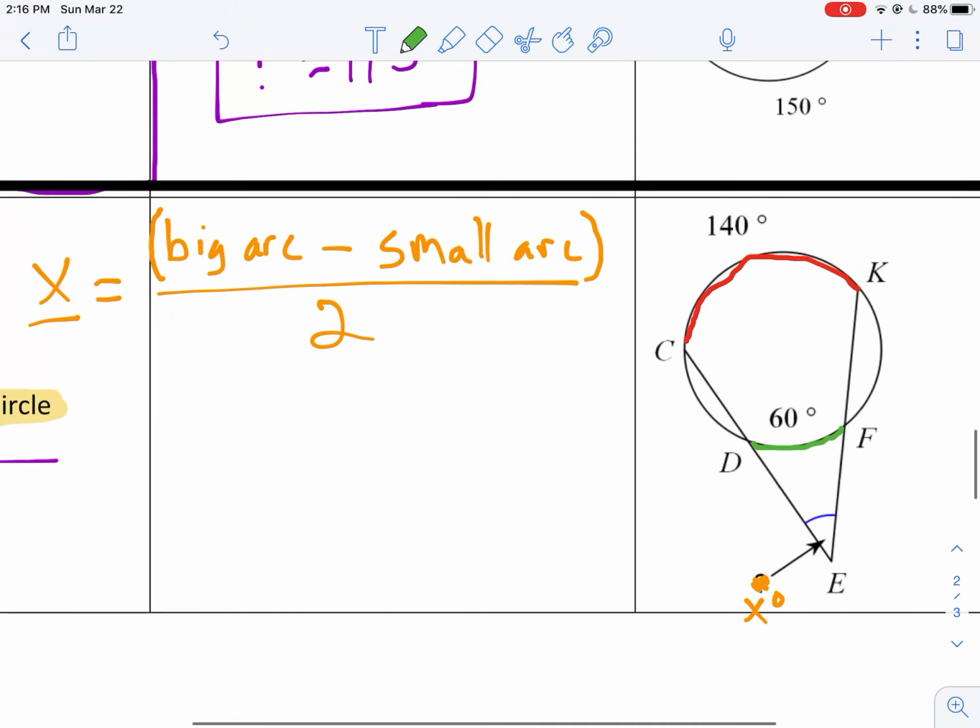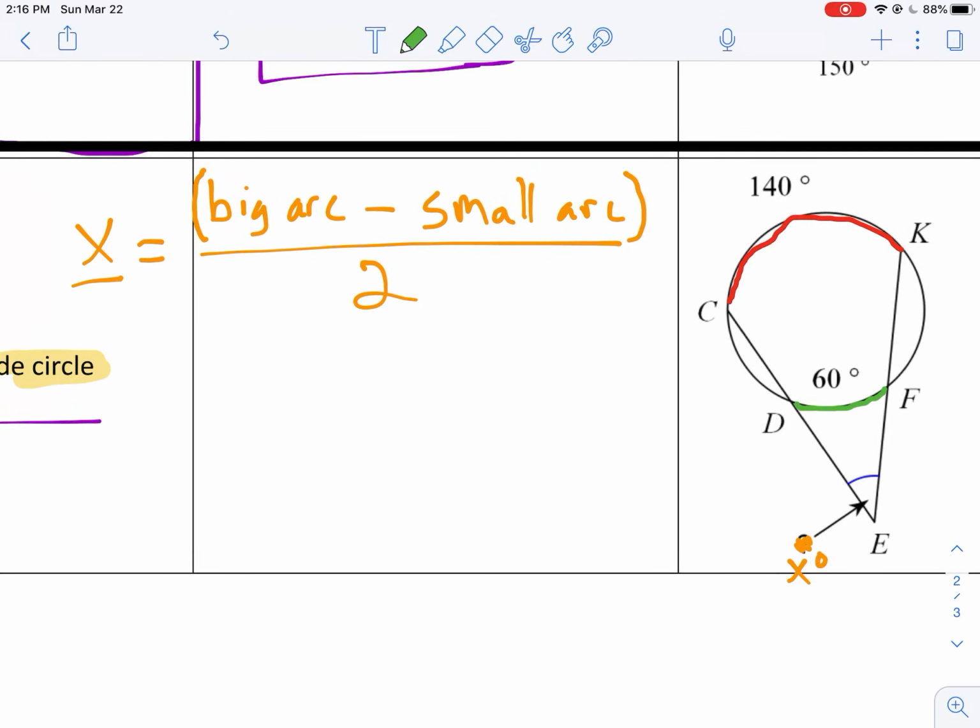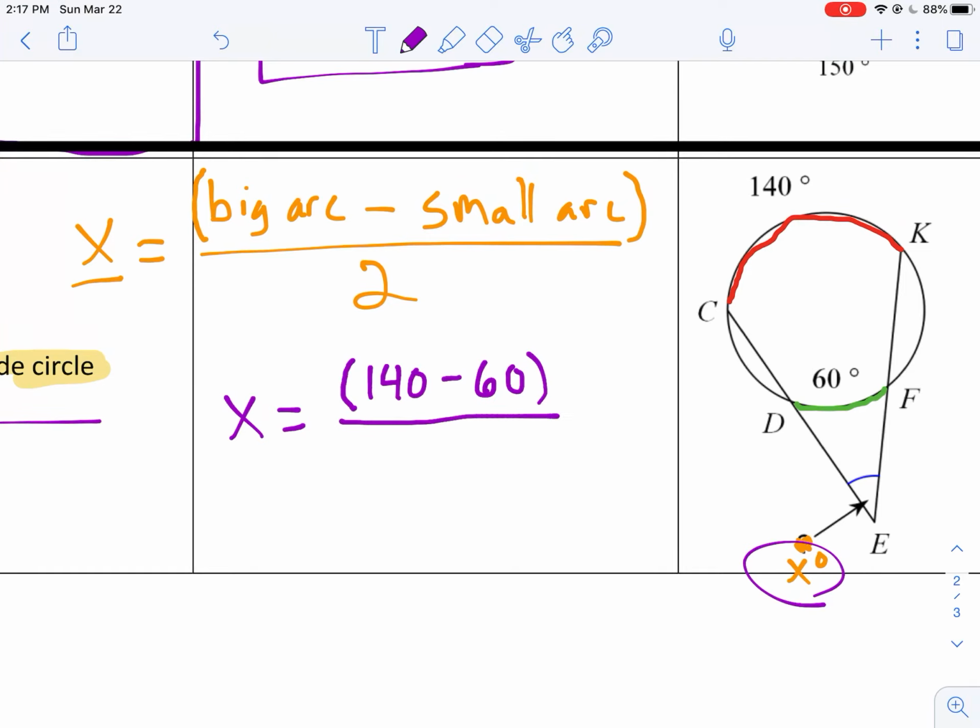All right, so if I'm going to set it up, which I'm going to right now, let's go with purple. It always starts with the angle. So the angle, which I'm calling x, that's where I start. X equals the big arc, I'm going to start parentheses here, the big arc minus the small arc, all divided by 2.